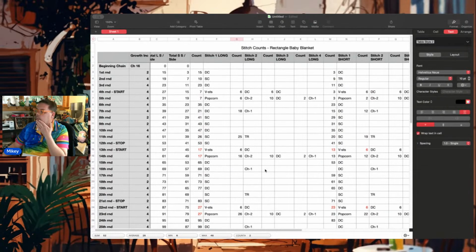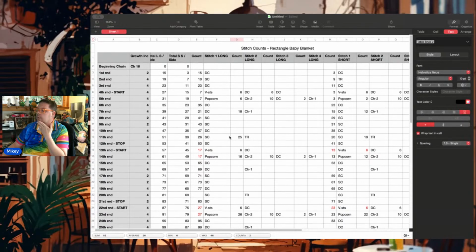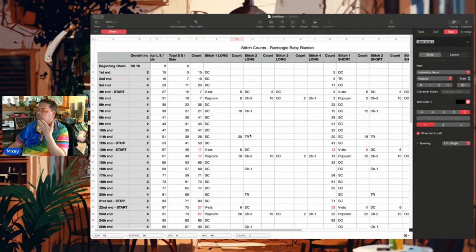Okay, so now what are we left with here? So we still have these guys here. We have the trebles, 25 trebles.